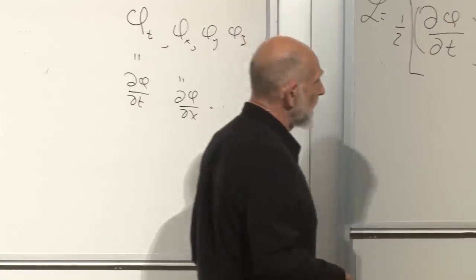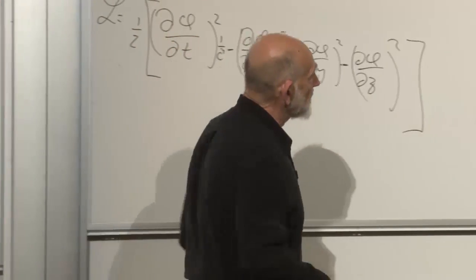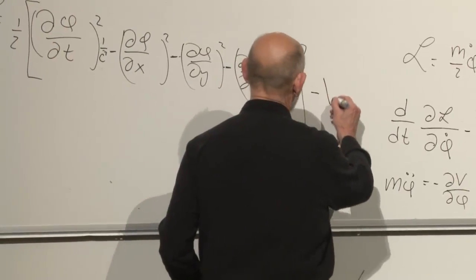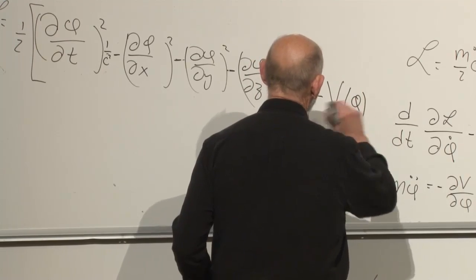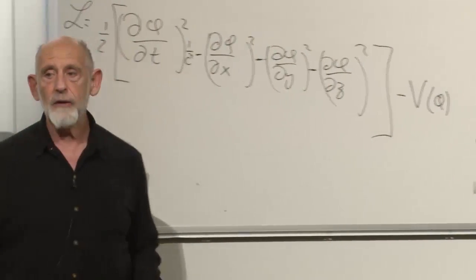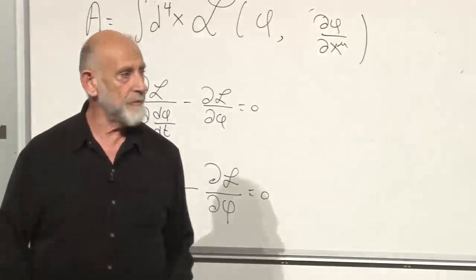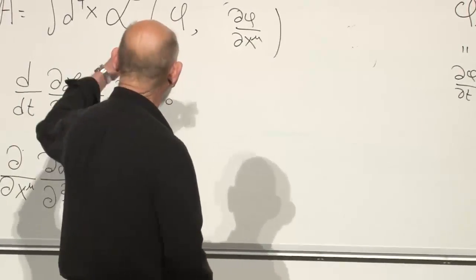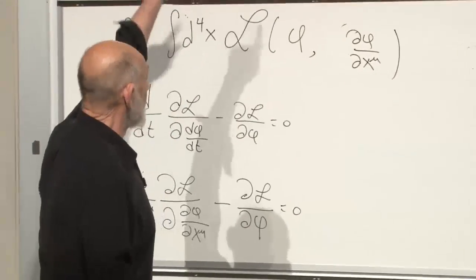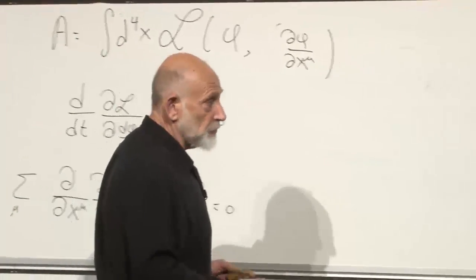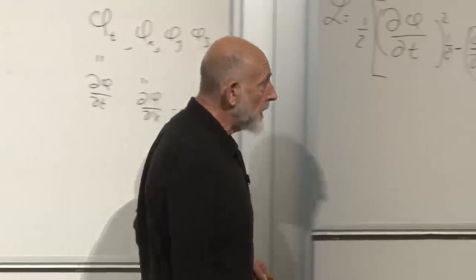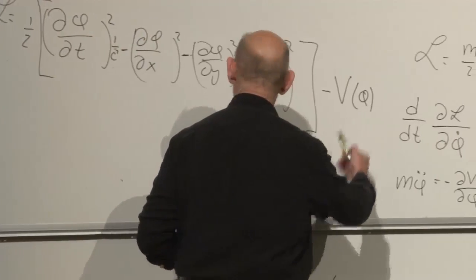Now, we could add to this, if we like, minus some V of phi. Potential energy, which is there just because the field has a certain value. Potential energy in each little square there, potential term in the Lagrangian, which only depends on V of phi.